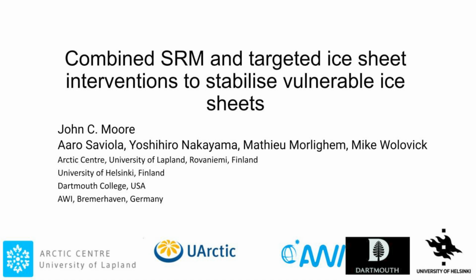So if they don't care about emissions or solar geo, how does it work that I myself authored a paper that suggested G6 sulfur, this sulfur injection scenario, actually acted to stabilize parts of the West Antarctic ice sheet, which seems to contradict what I've been saying so far.